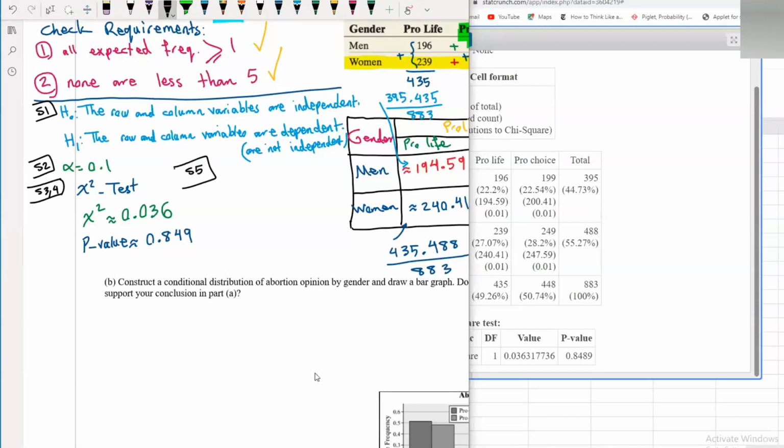Step 5, compare p-value with alpha. p-value is 0.849. Is this less than 10%? So our answer is no, do not reject.